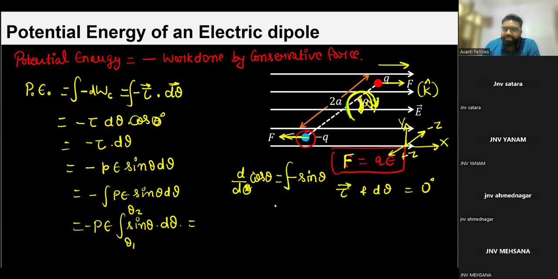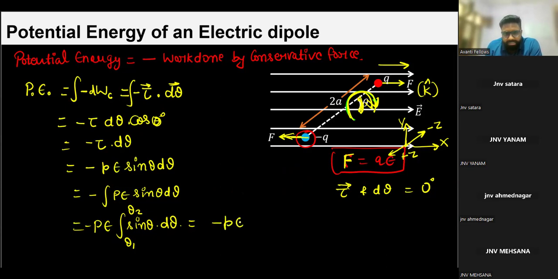So when you integrate it ना, it will give you minus cos theta. ठीक है? When only sine theta is there, it will give you negative of cos theta, minus cos theta.